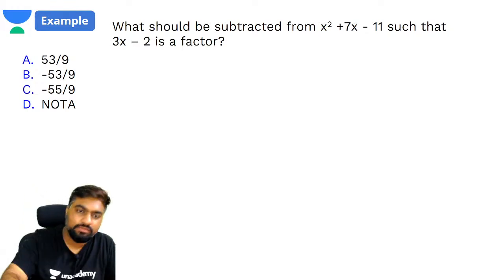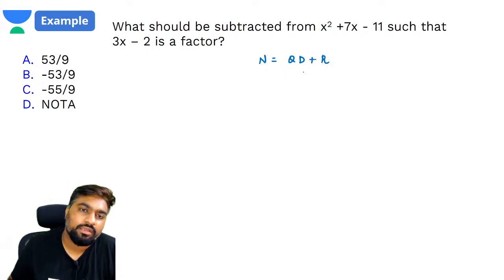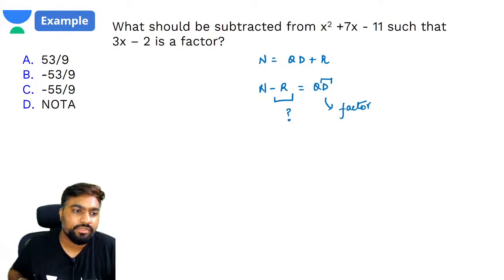What is subtracted? n से आप क्या सब्ट्रैक्ट करने पे d एक फैक्टर बन जाएगा. यू नो n इज इक्वल टू कोशेंट इनटू d प्लस रिमाइंडर, राइट. उस रिमाइंडर को मैं अगर सब्ट्रैक्ट करूँ तो कोशेंट इनटू डिवाइजर इट बिकम्स अ फैक्टर, करेक्ट. बेसिकली आस्किंग व्हाट इज द रिमाइंडर. सिंपल.